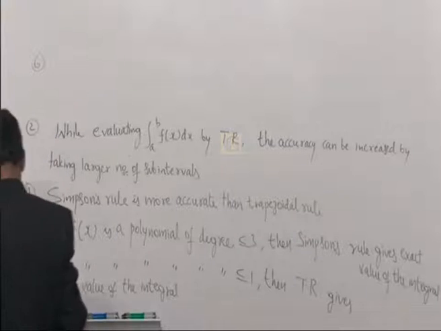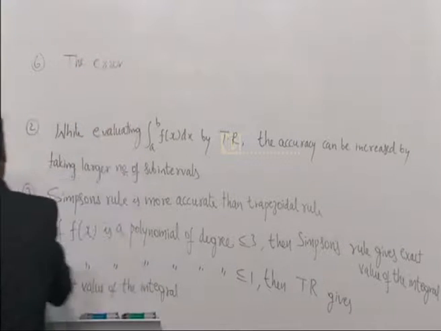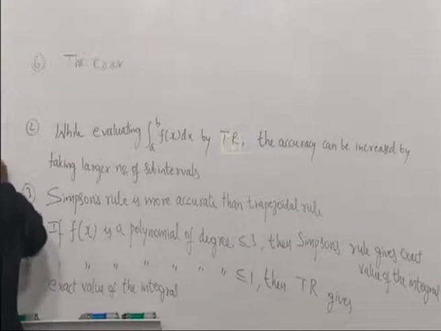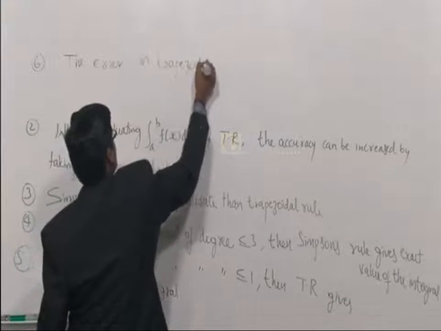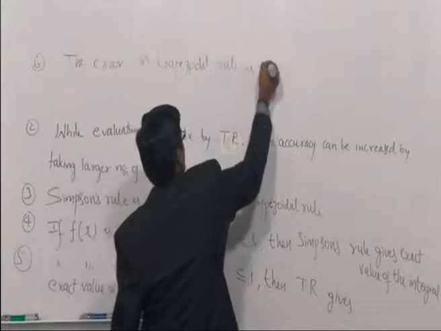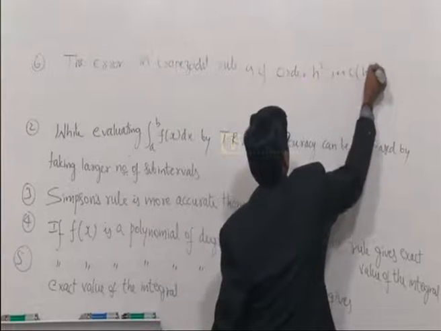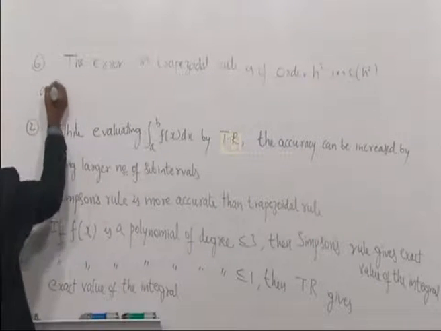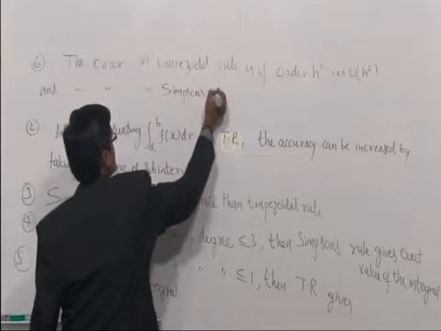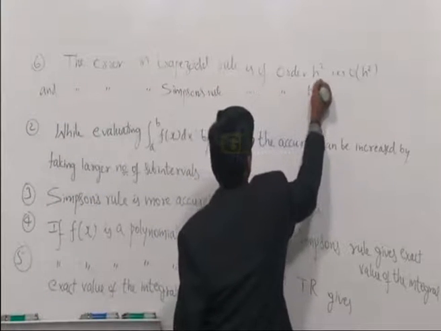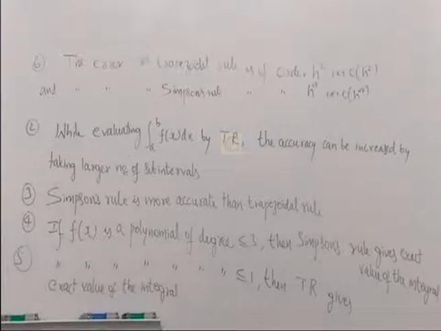Sixth one: the error in the trapezoidal rule is of order h square, that is O(h squared), and the error in Simpson's 1/3 rule is of order h power 4. And Simpson's 3/8 rule is of order h power 5.